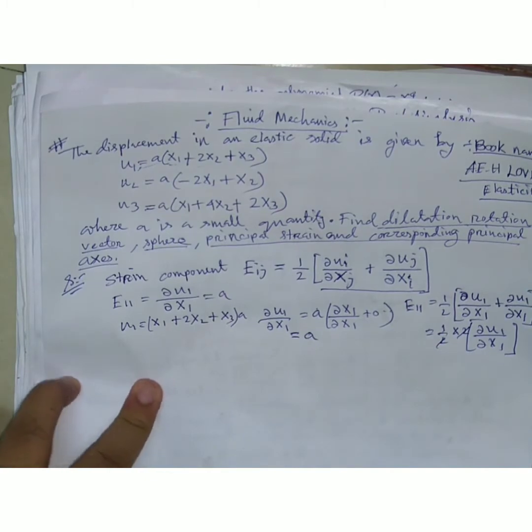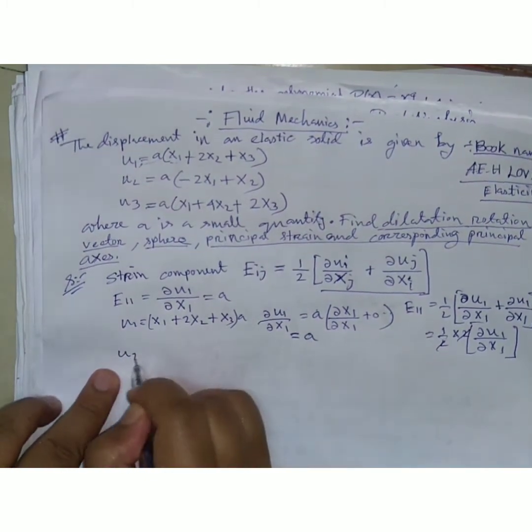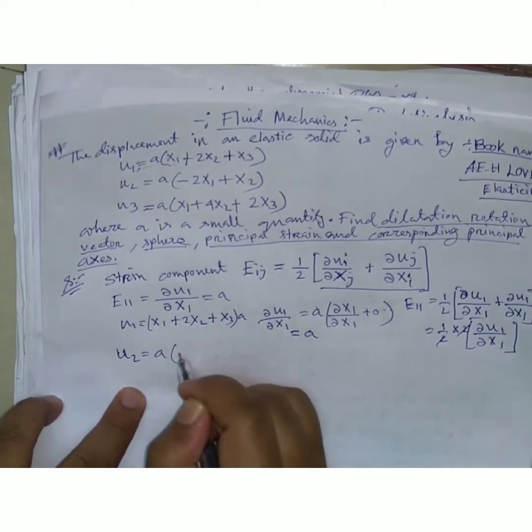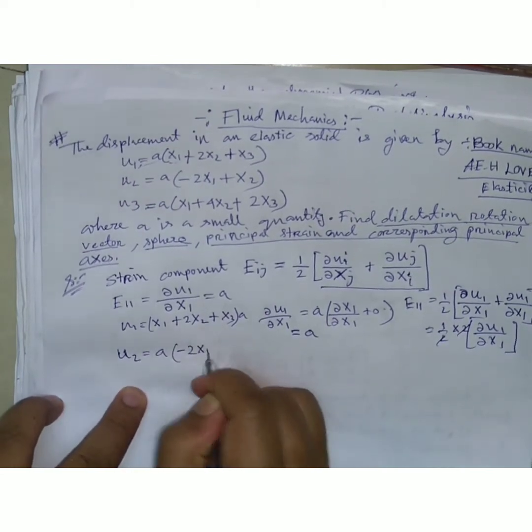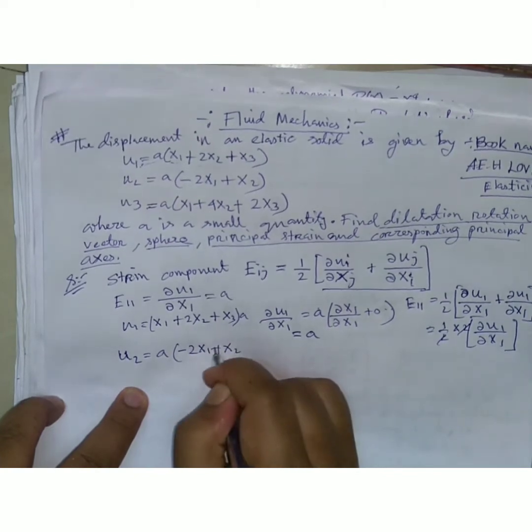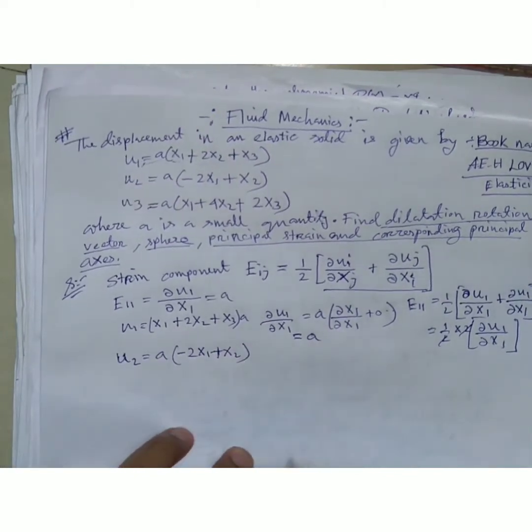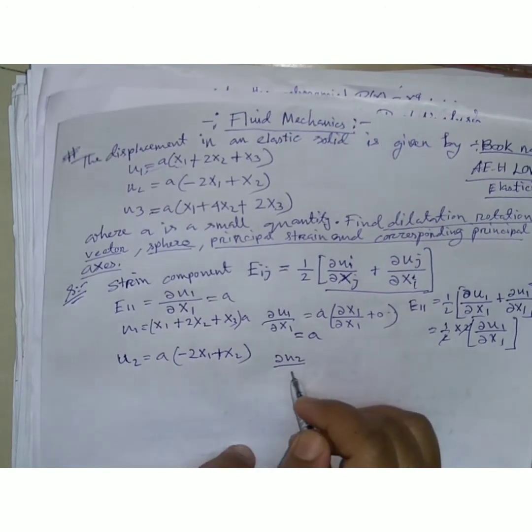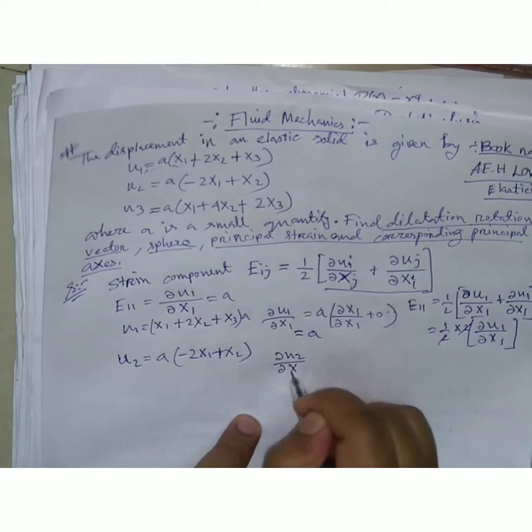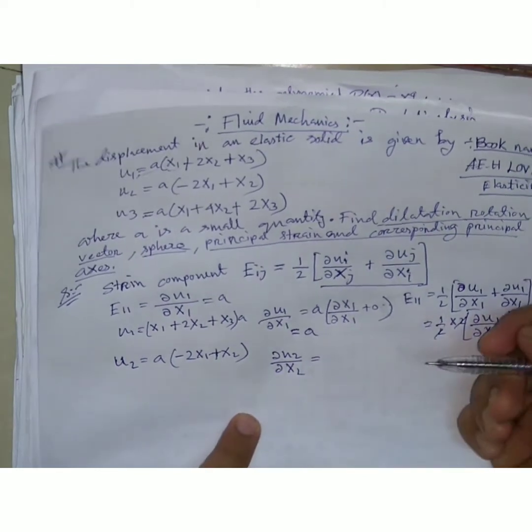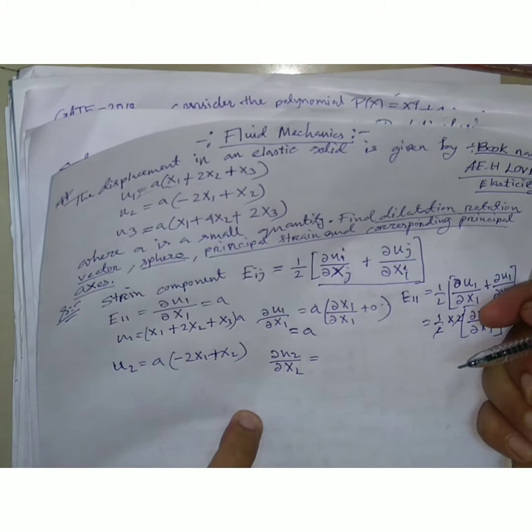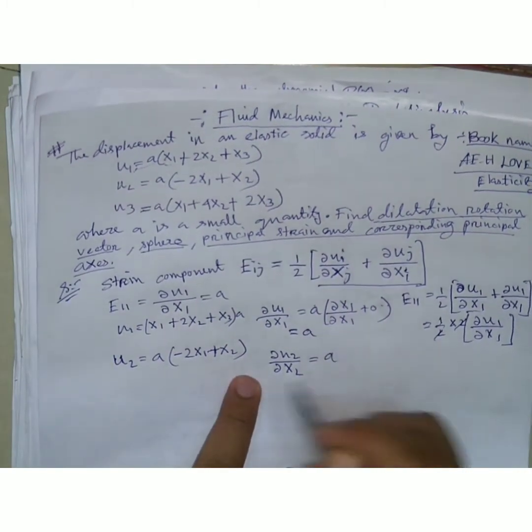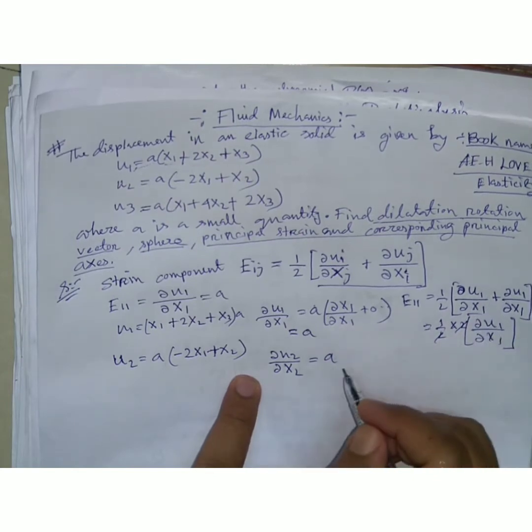And u2 is a into minus 2x1 plus x2. So del u2 divided by del x2 is also a, because it is the same case.